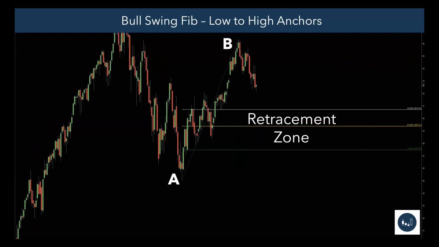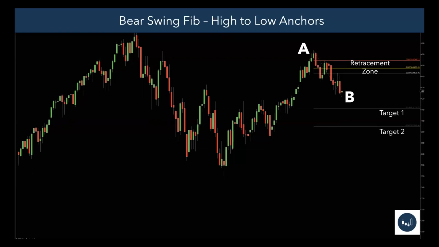And in the bull swing fib, my last level of defense is going to be green. And I do that personally as I begin to have fib stacking and fib sequencing, just so I don't get confused. So I know that's kind of a common setup for me. And so, we've got the bull swing, we've got the bear swing, and we're using anchors, whether it's low to high or high to low.